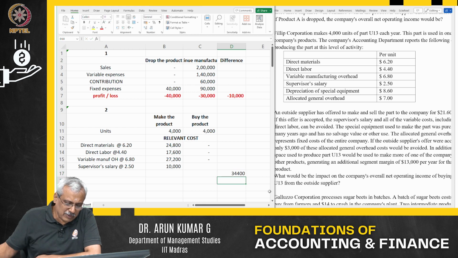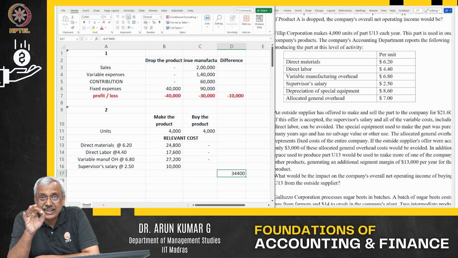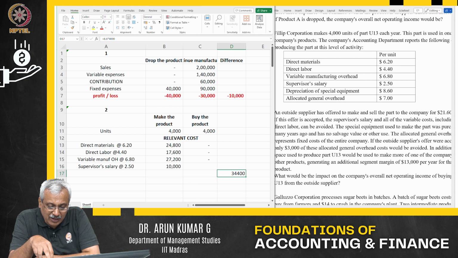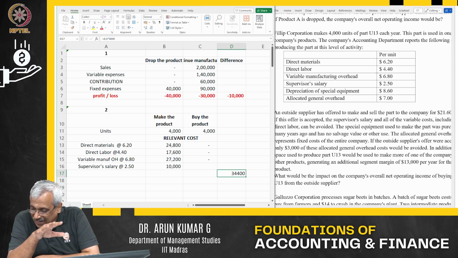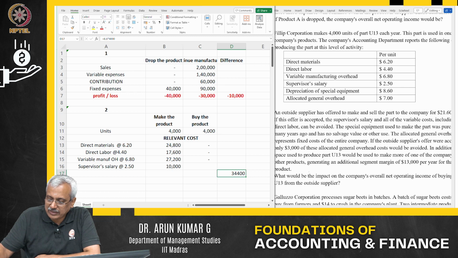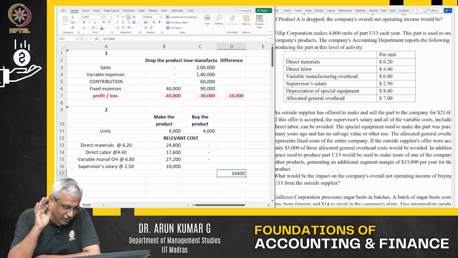The depreciation cost of 34,400 rupees you will incur irrespective of whether you manufacture or not. Why? Because the special equipment cannot be disposed of and does not have any salvage value in this particular case. So, I will not even consider this depreciation.